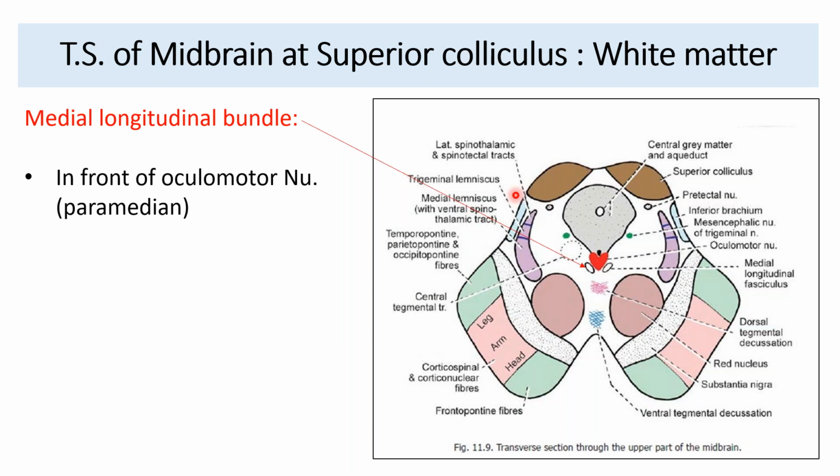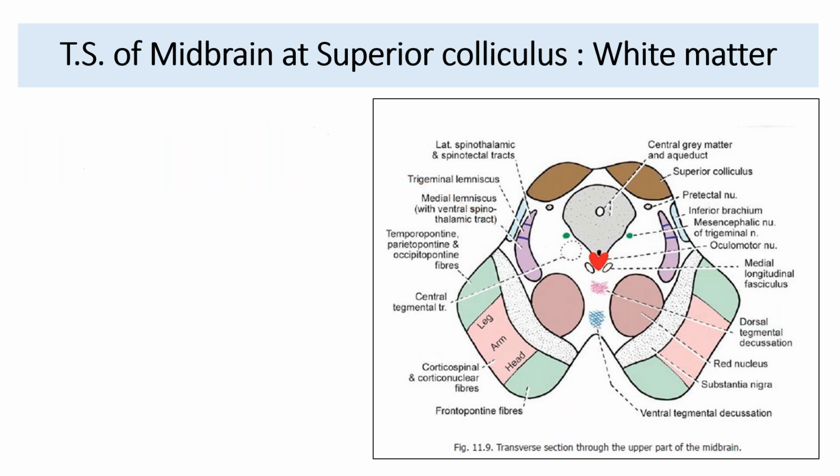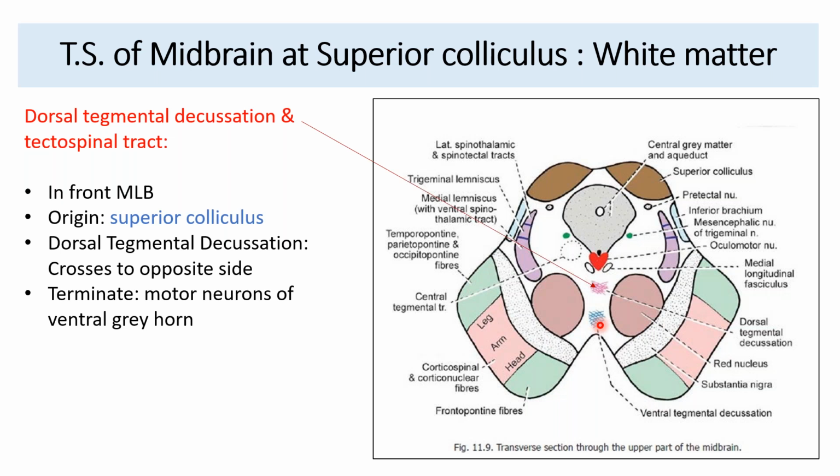Medial longitudinal bundle, which is in front of the oculomotor nerve in the paramedian direction, followed by the dorsal tegmental and the ventral tegmental decussation. The dorsal tegmental decussation, which is in front of the medial longitudinal bundle, arises from the superior colliculus. From superior colliculus, the fibers will arise and they will decussate. So this side's fiber will go in this direction.